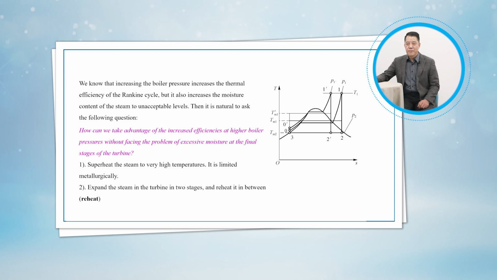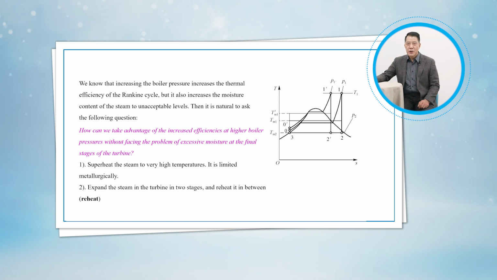The reheat cycle was introduced in the mid-1920s, but it was abandoned in the 1930s because of the operational difficulties.